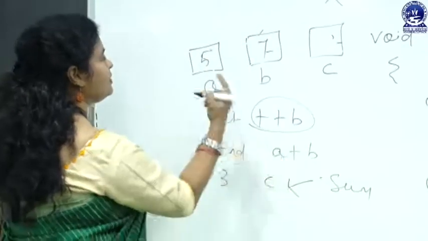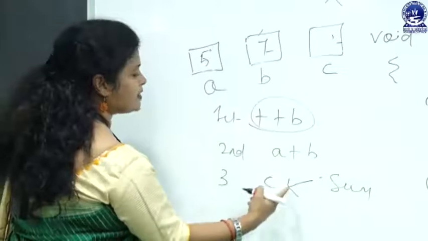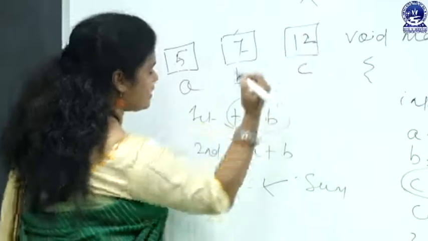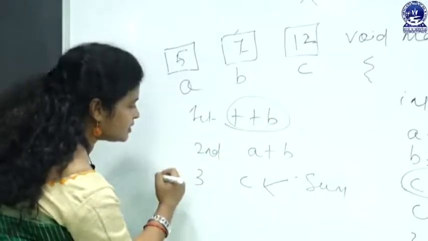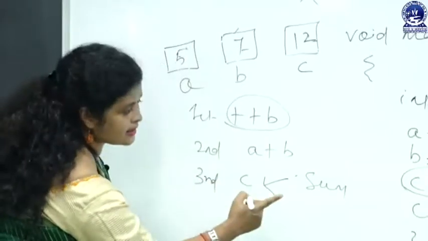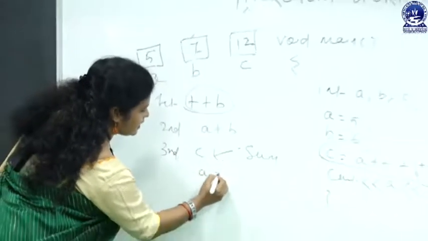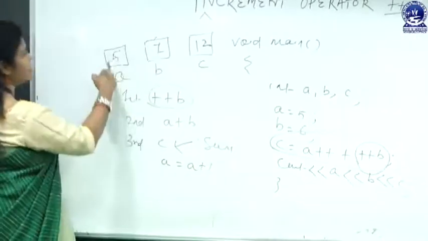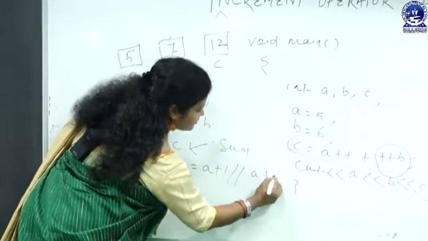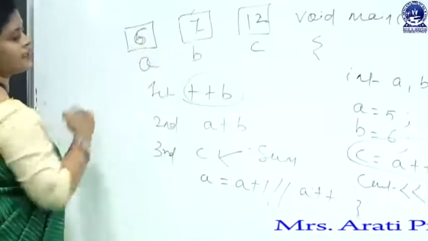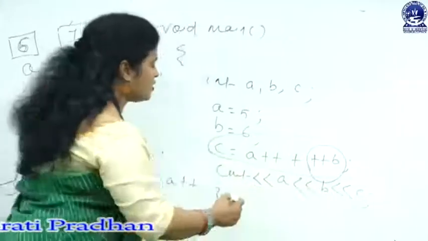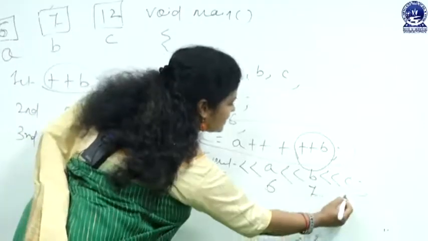Then A + B, 5 + 7, and C will store 12. Yes, I am missing one more thing: another statement will be executed here, that is A = A + 1, which we may also write as A++. So A value will be 6.